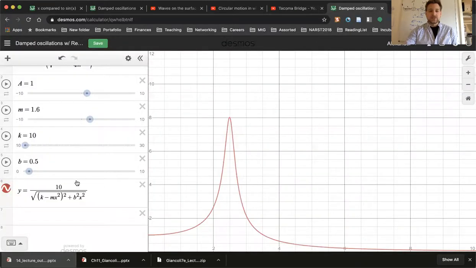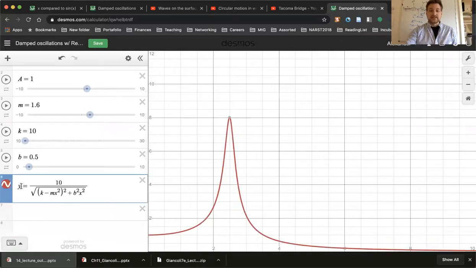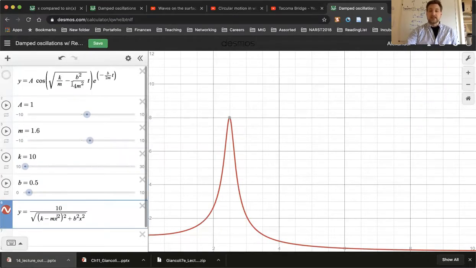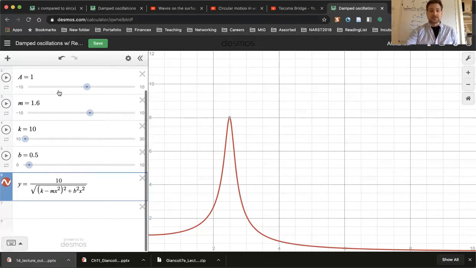So again, with a little bit of differential equations, we can show the amplitude in this case. This is the amplitude of oscillation as a function of driving frequency. So this is not the same as this function. This is position as a function of time, and I'm not using that coordinate system anymore.